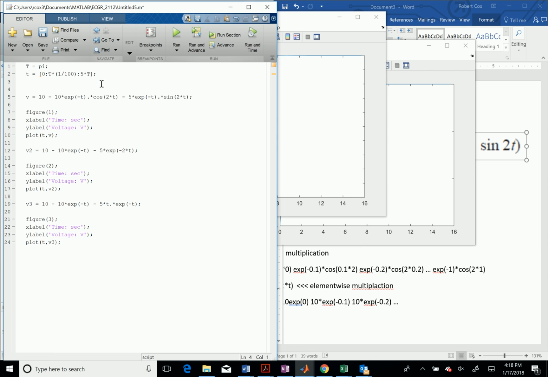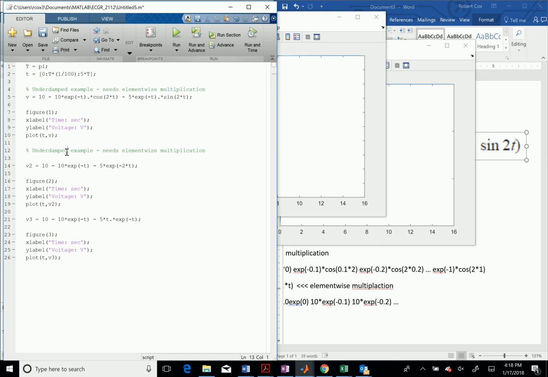So this is my underdamped example. It needs element-wise multiplication. Then I have my overdamped example.